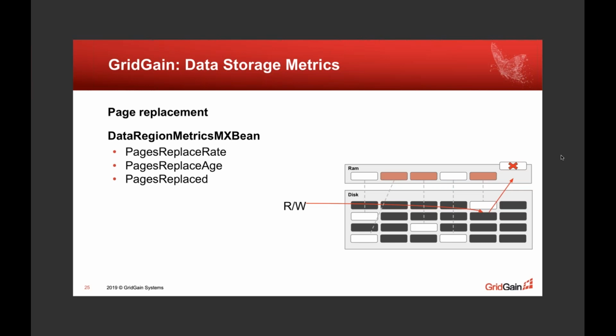And if this procedure happens too often, and you need to remove some pages and read others, then your performance again will be limited by the speed of your disk, and you won't get any advantage of the fact that you're using an in-memory solution. So to track this, we also have a set of metrics available in JMX.